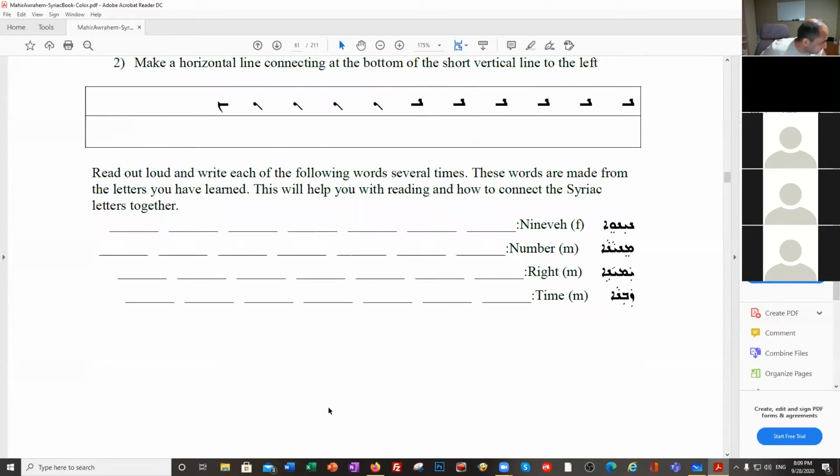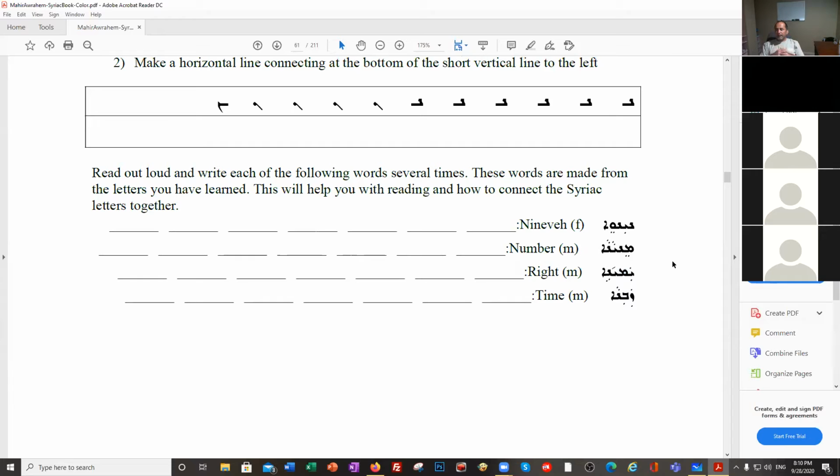All right, can anyone read the first one for me? Ninwe. Second one, I'm trying. So, mim, M with the short vowel, M. Short I, M. The noon is silent, it is going to join with the first one, men.